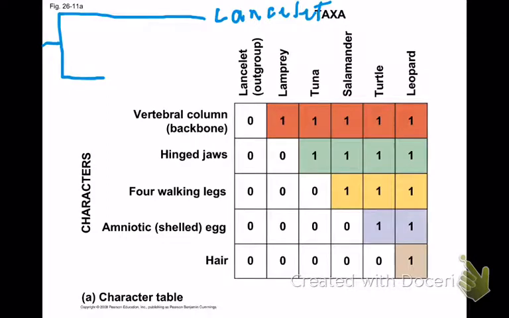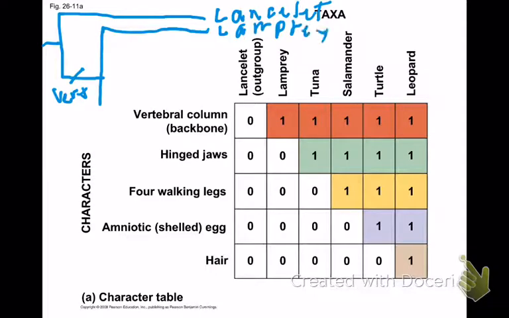The first derived character is the presence of a vertebral column. All of the organisms have a vertebral column. But the lamprey has a vertebral column but no hinged jaws. All the other organisms have hinged jaws.